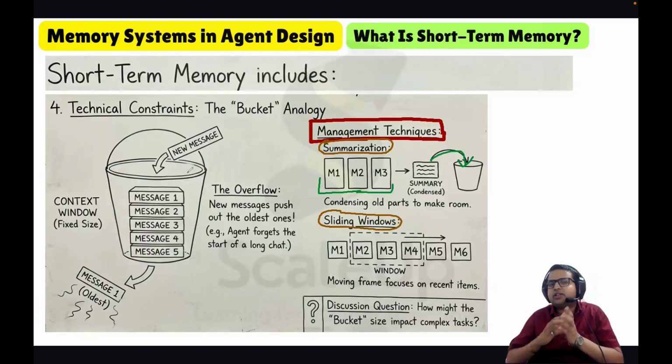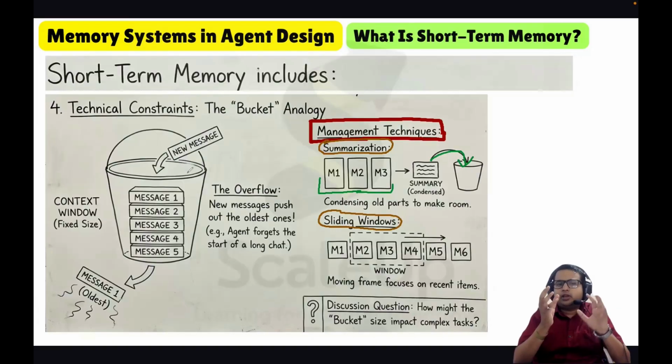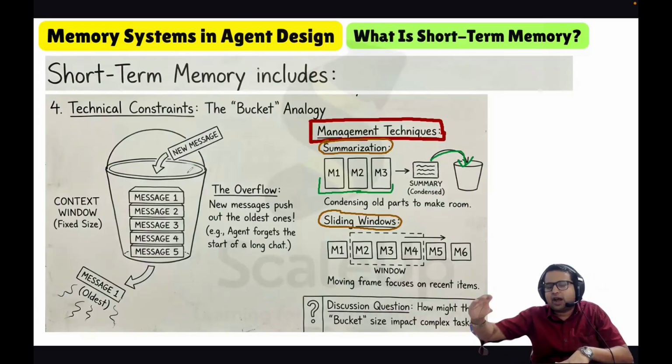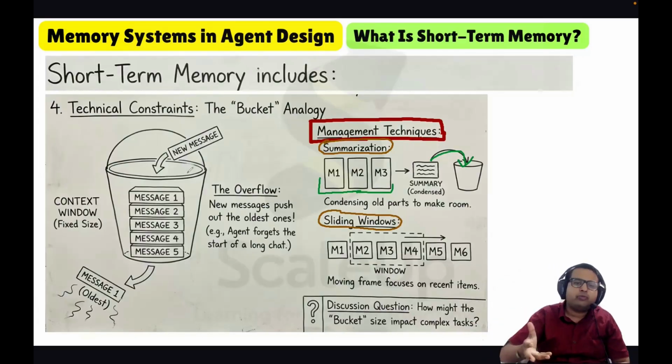So now we discussed a very interesting technique. See, context window overflow is very common because the context window is fixed size, and in a long conversation, after a while, overflow will definitely occur. And when the overflow occurs, how to manage it? Because we know that when the overflow occurs, the oldest messages get flushed out.